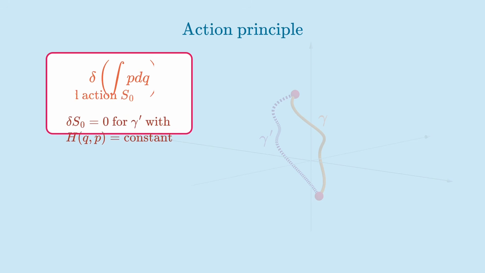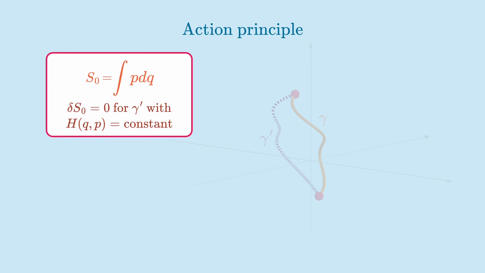So if gamma is a physical path, then this S0 is extremized among the curves that have constant H. But now the abbreviated action doesn't depend on time, so I can project all paths to the qp plane and this S0 doesn't change. So we can apply this statement purely on the qp plane.